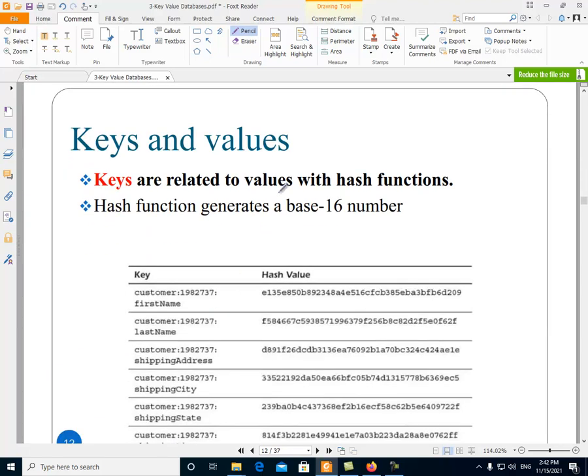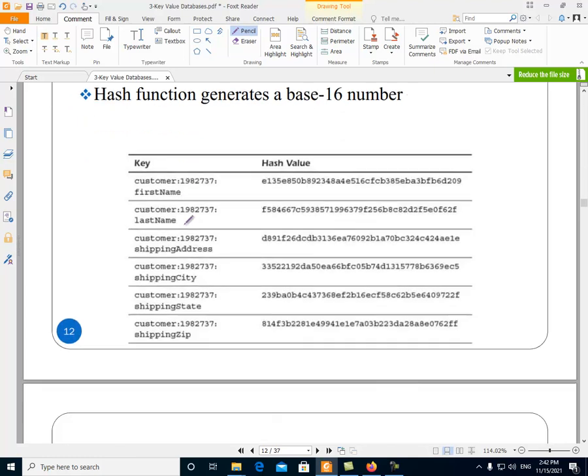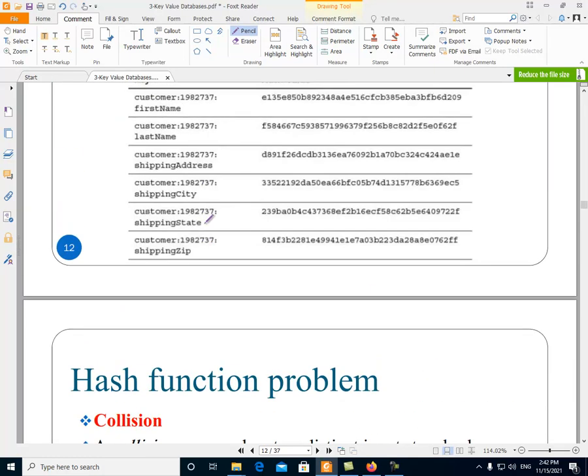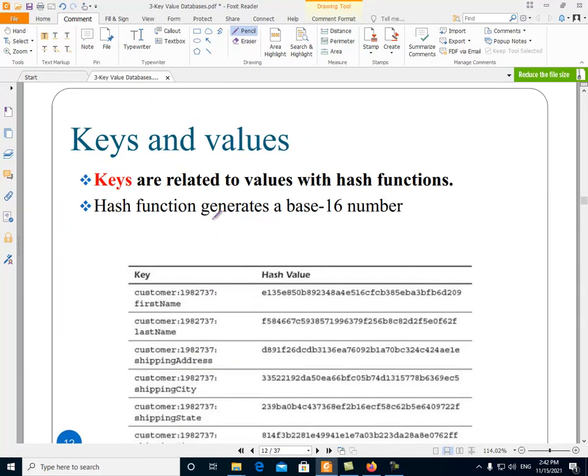And we said, how could we relate the keys and values in the key value database? We relate the keys and values using the hash function.